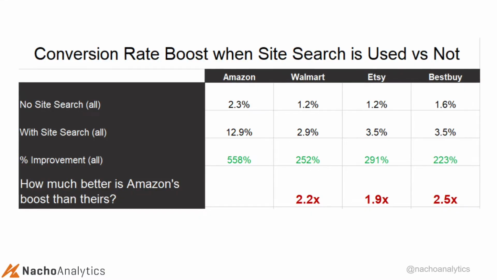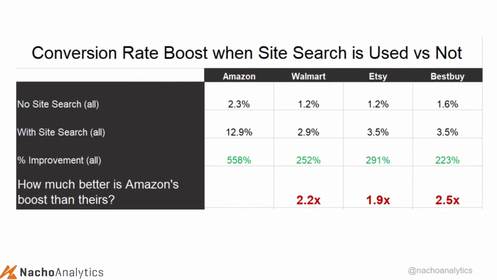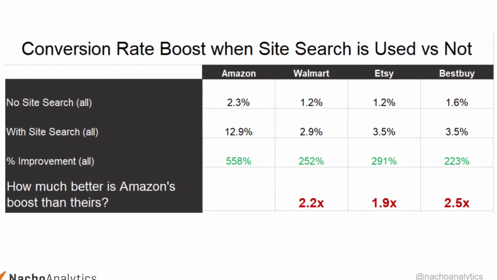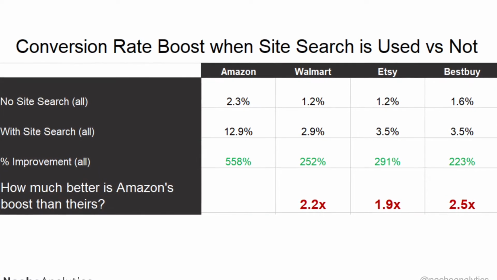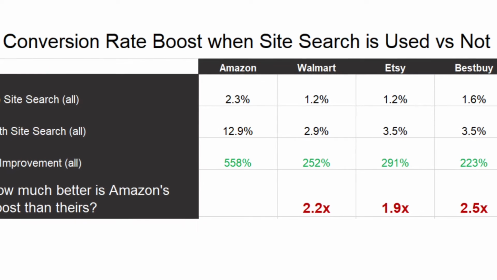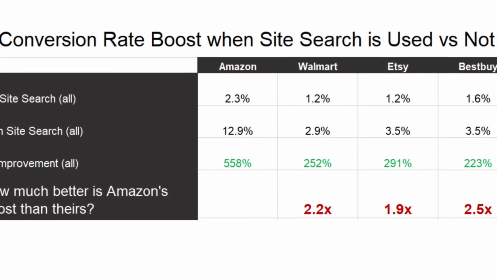And this is just a fun stat to back up what I just spoke about with higher conversion rates with search versus browse. This is extrapolated by Nacho Analytics, which is where I got this data. But it just shows Amazon versus Walmart versus Etsy versus Best Buy and the conversion rates they see with no search, where the user is just browsing their site, versus when users are searching.